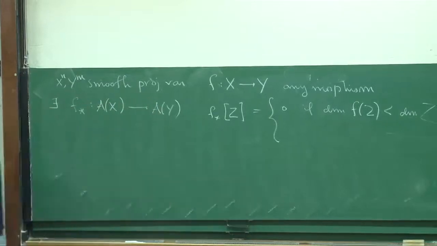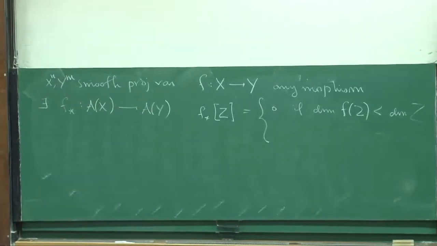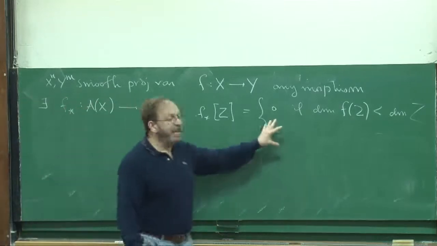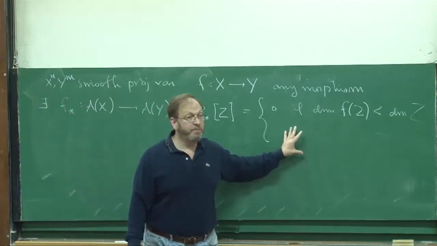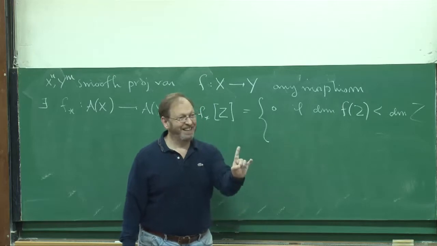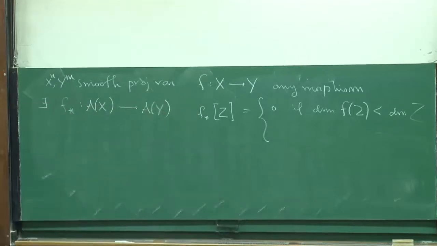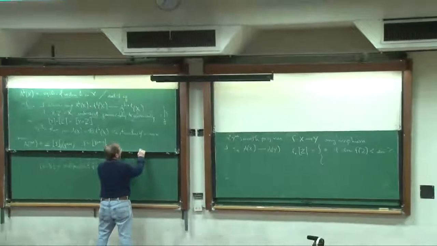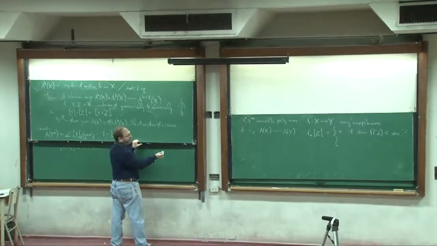So I only want to take push forwards when the cycle maps to a cycle of the same dimension. And in that case, I just want to take the push forward of the class of z to be the class of the image. But I can't. Because, of course, I have the same situation as before.